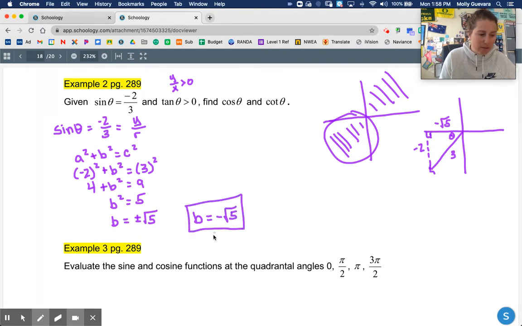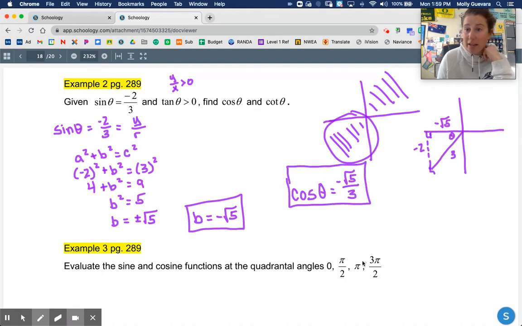Okay, now I know my x, my y, and my r, so I can find cosine of theta. Cosine of theta is adjacent over hypotenuse, so negative square root of 5 over 3.